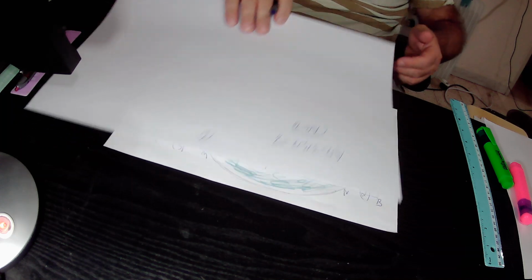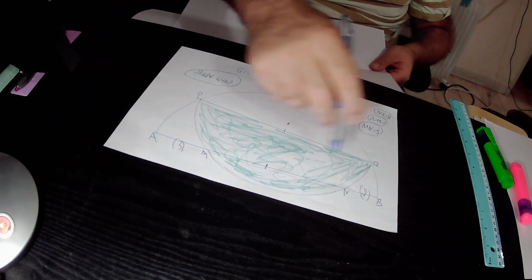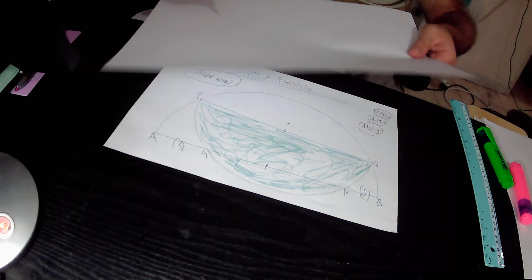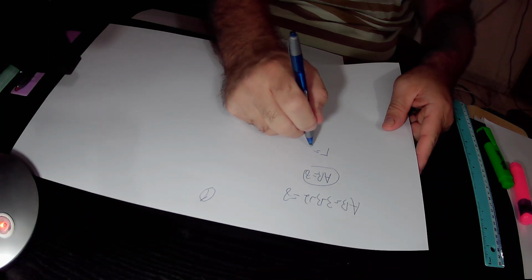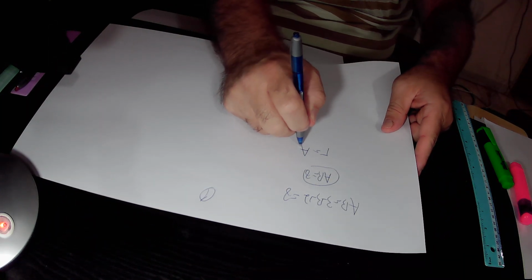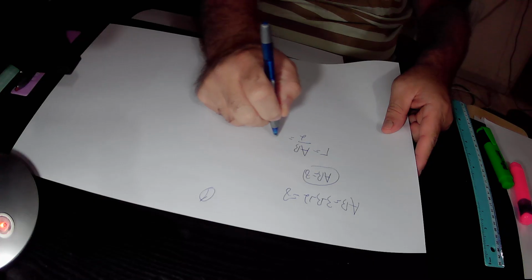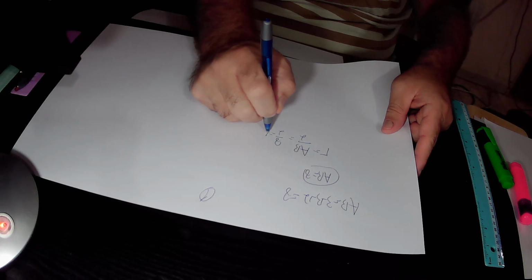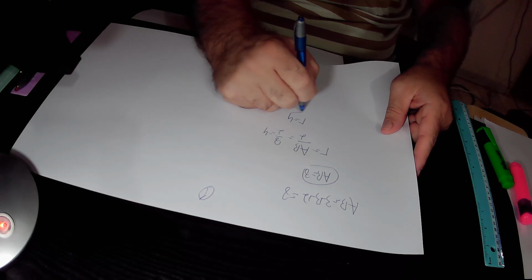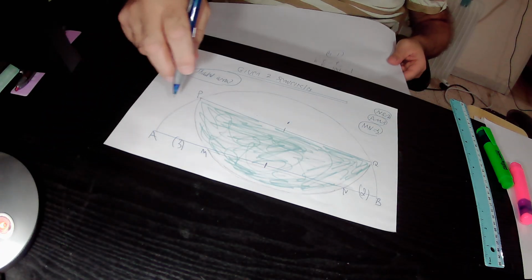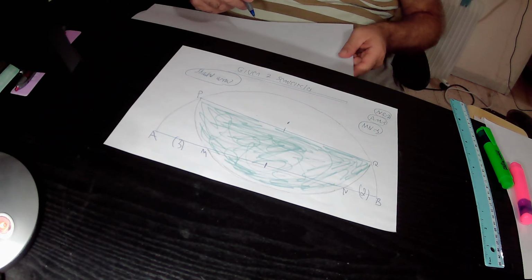We define the radius of this big semicircle as R. So the radius R must be equal to the diameter AB over 2. So it is 8 over 2, that is 4. So the radius R of this big semicircle is equal to 4 units in its length.